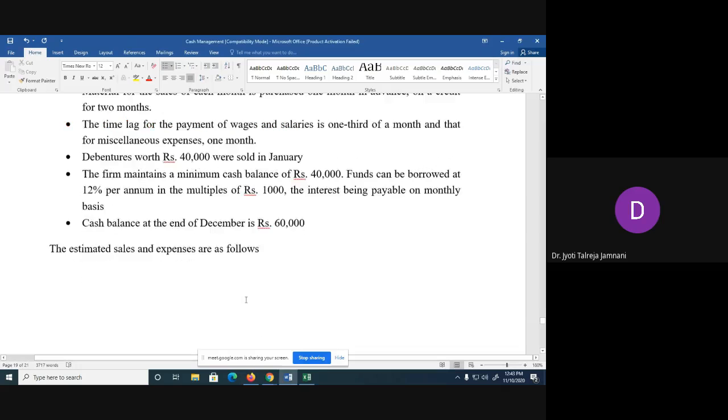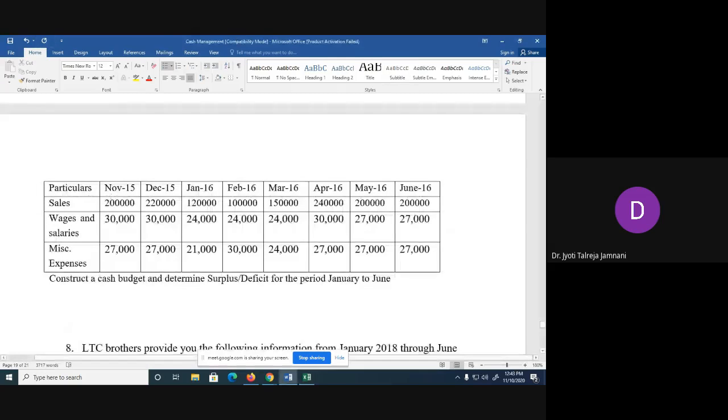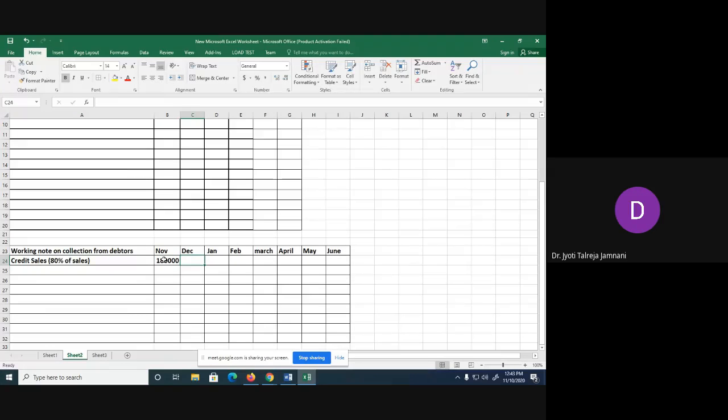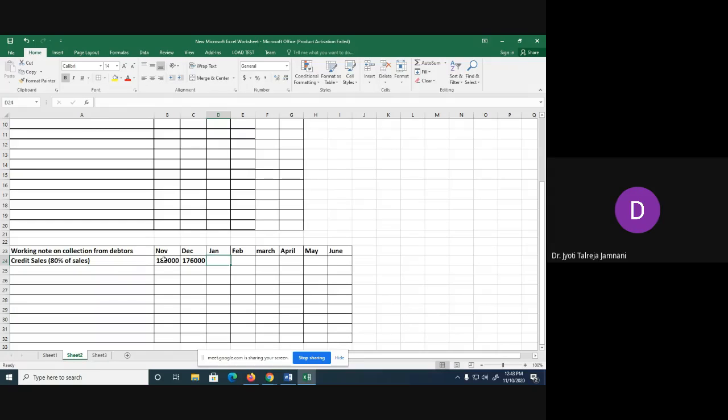So November sales was 2 lakh. 80% of 2 lakh is 1,80,000. Similarly, for each month I have calculated. For December it is 1,76,000. For January it is 96,000. February it is 80,000. March 1,20,000.